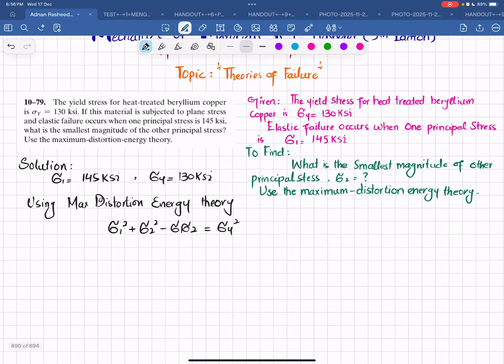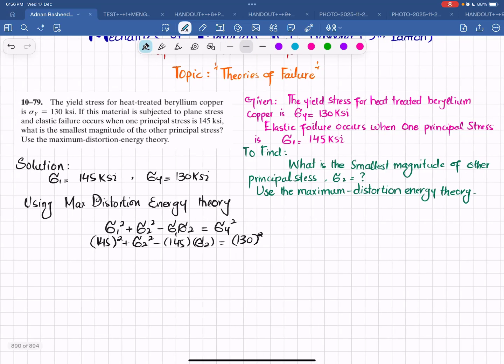So we have sigma 1, which is 145 square, plus sigma 2 square, which is not known, minus 145 into sigma 2, and that is equal to 130 square.